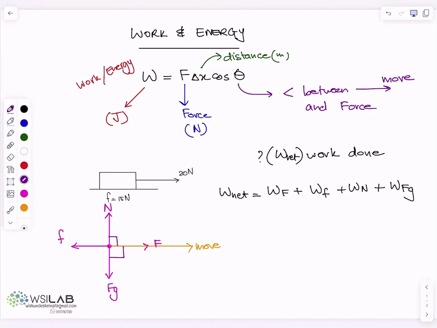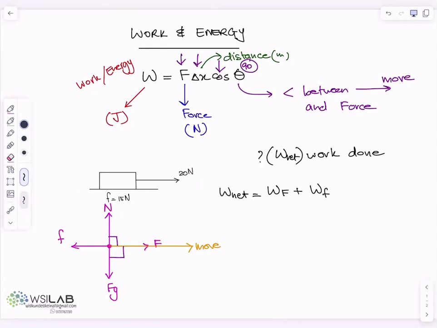The moment I multiply that force with the distance and cos of the angle, in this case 90 degrees, it becomes 0 because cos of 90 is 0. So I can ignore those two. I can ignore all the forces that have a 90-degree angle with the direction of movement. So I can just do those two.